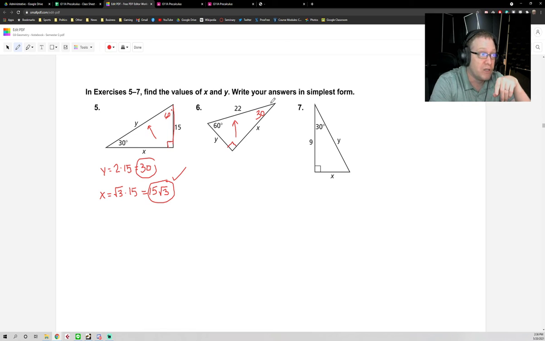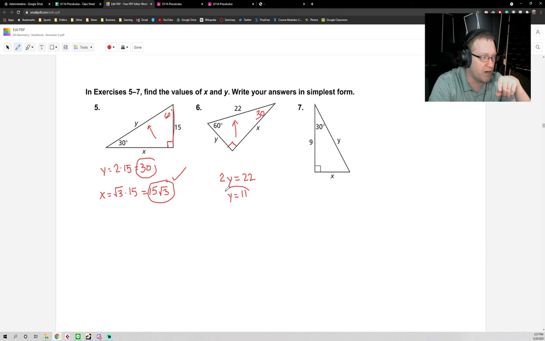All right. So that means 2 times y has to equal 22. So we can write that. We know that 2 times y has to equal 22. All right? But if 2 times y equals 22, that means y has to be 11.